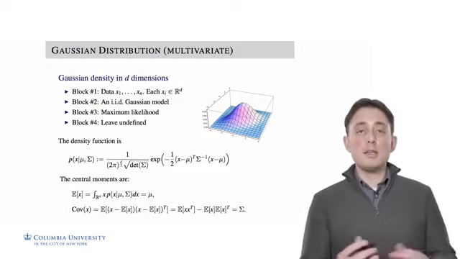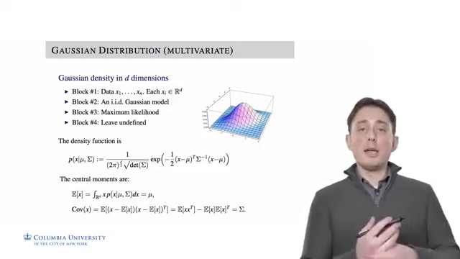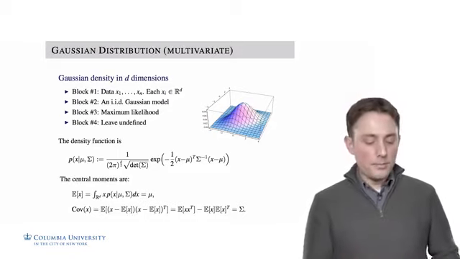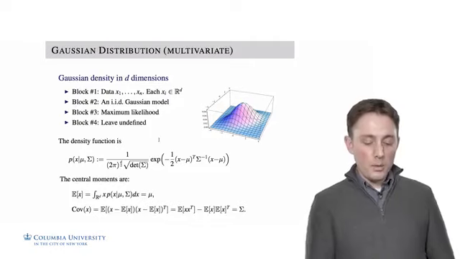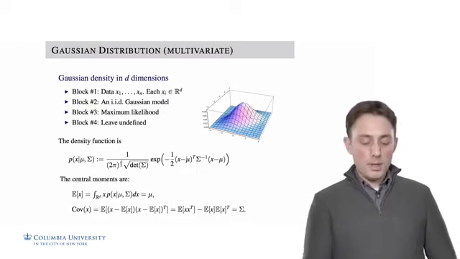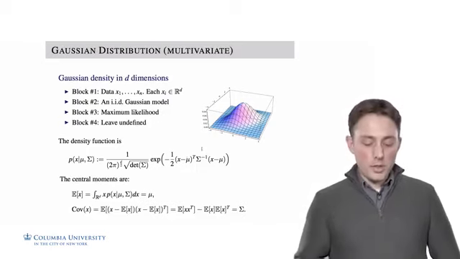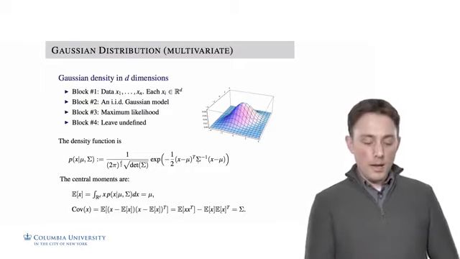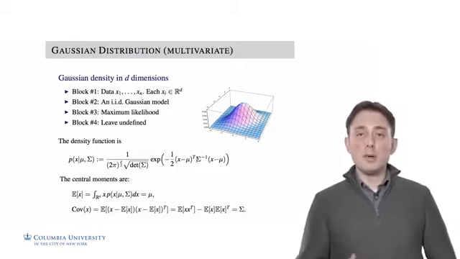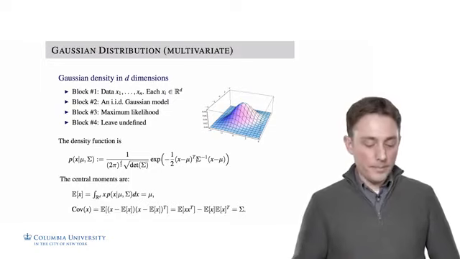It has to be non-negative everywhere, and it has to integrate to 1. The multivariate Gaussian has this specific form where we take the input vector, which is d-dimensional, subtract off its mean, and perform this quadratic function using a d-dimensional mean vector mu and a d by d matrix sigma that's positive definite.